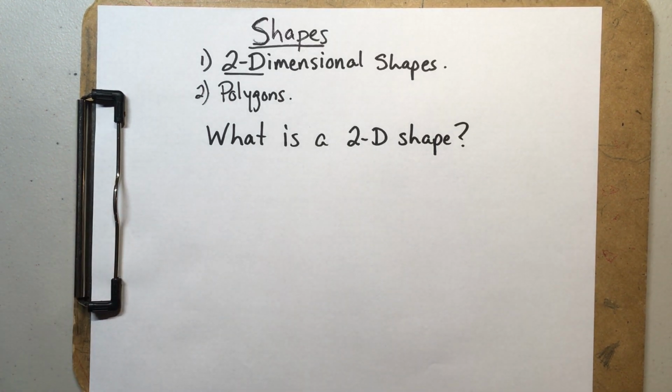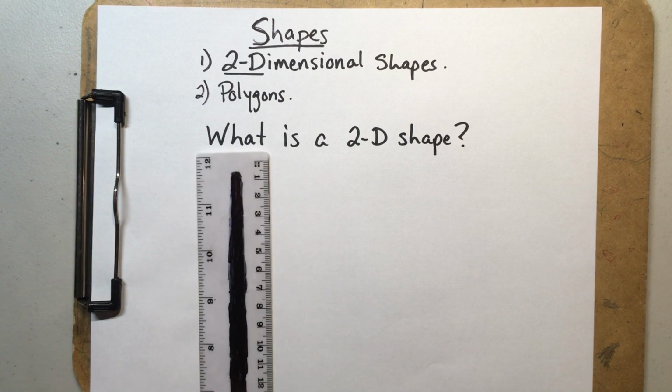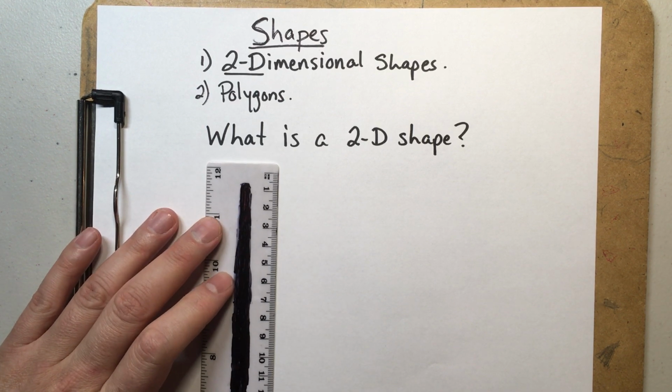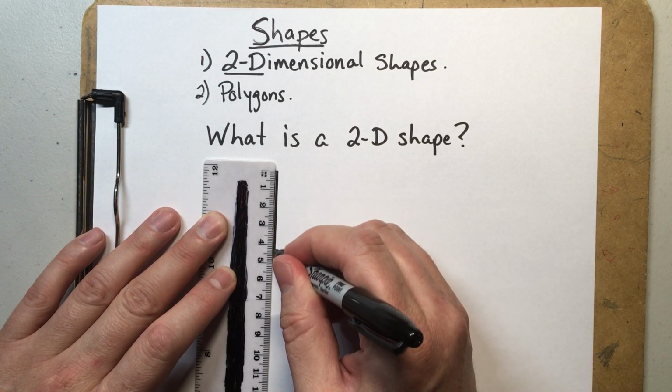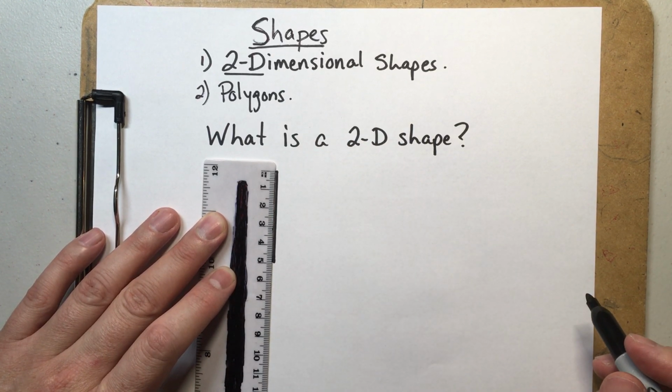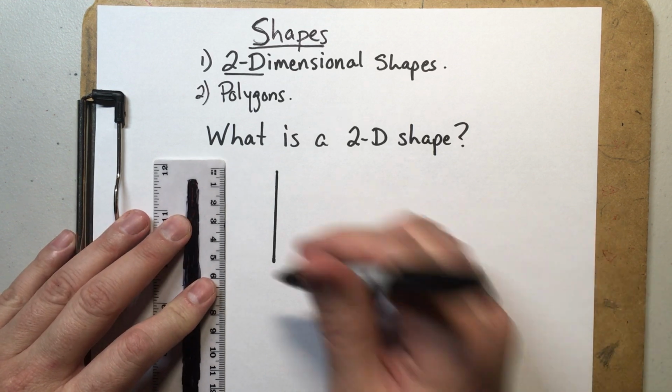A two-dimensional shape has height and length. So if I take my ruler here and make about 5 centimeters down, I can consider that my height.